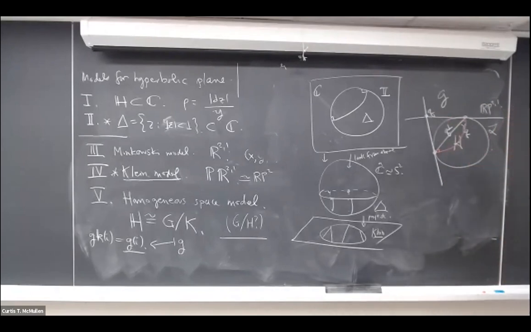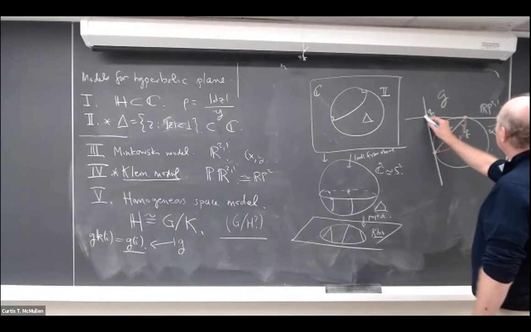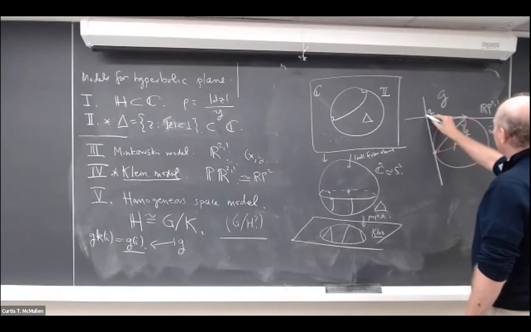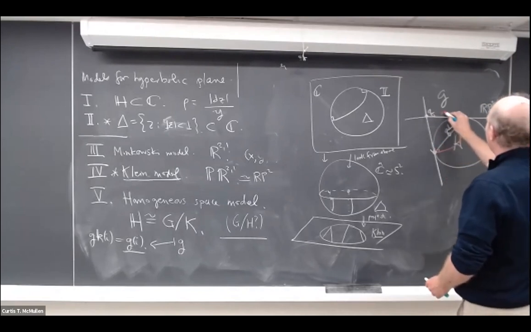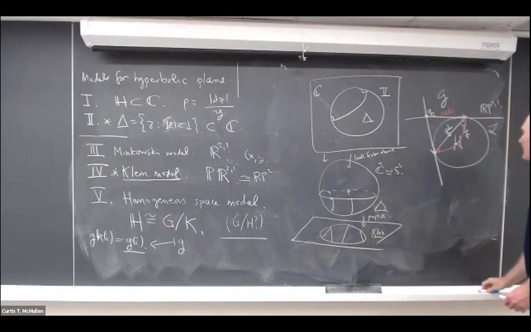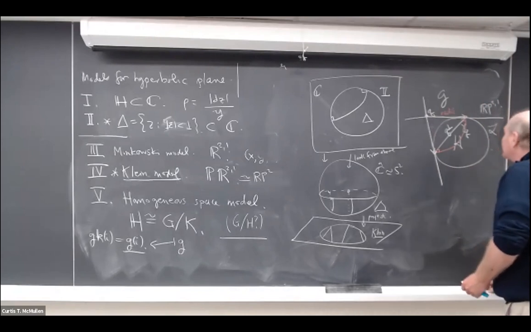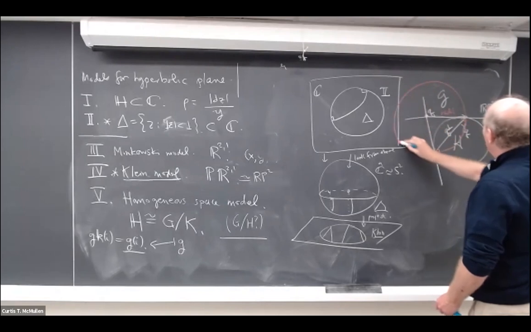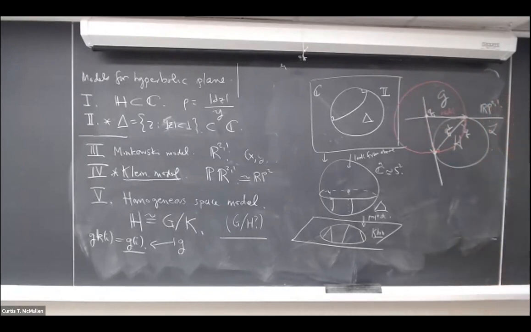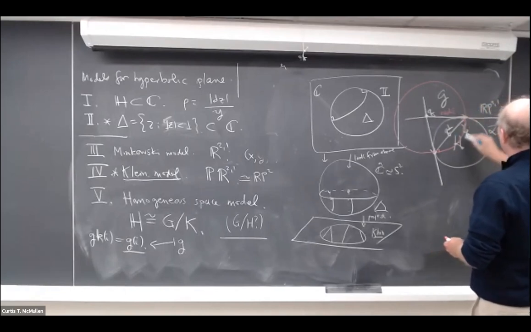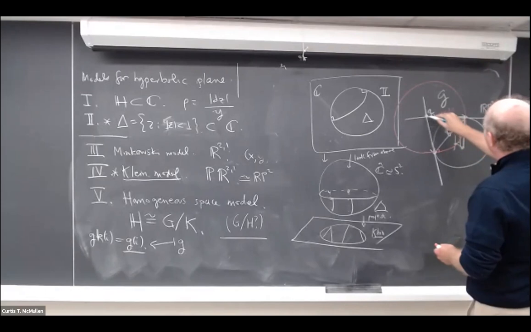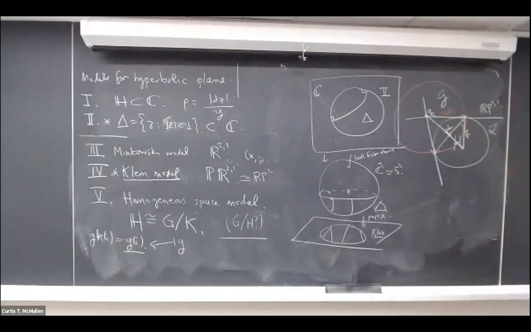And moreover, since this is 90 degrees, these 2 lines are radii for that circle. So the corresponding Poincare circle looks like this. And if we were in the Poincare model, you could then construct a right triangle going like this, this, and this.